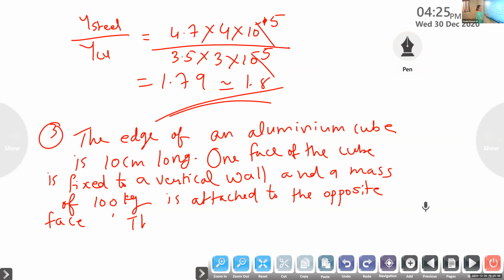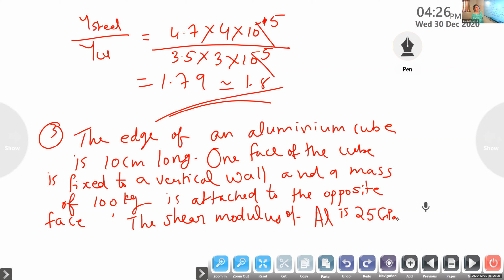The shear modulus of aluminium, I am just writing the chemical symbol, aluminium is 25 GPa, gigapascal.